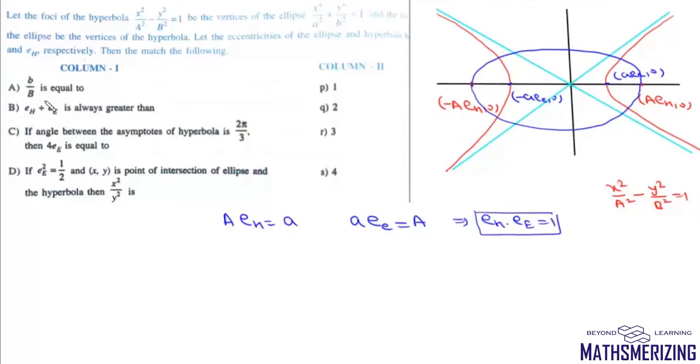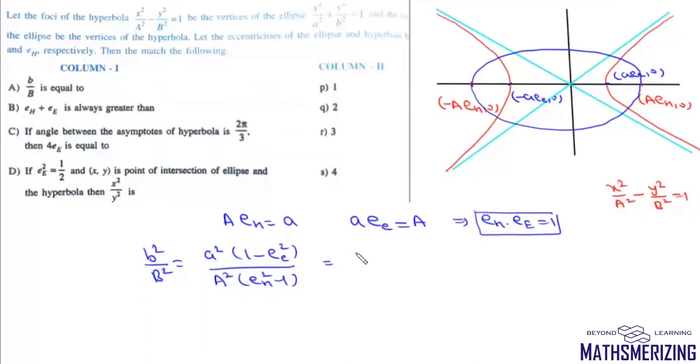Now this first question is, we need to find ratio of capital B upon small b. So we'll take this ratio which is capital B square upon small b square. Now we know that small b square is small a square into 1 minus EE square and capital B square is capital A square into EH square minus 1. Now small a upon capital A is simply EH square.